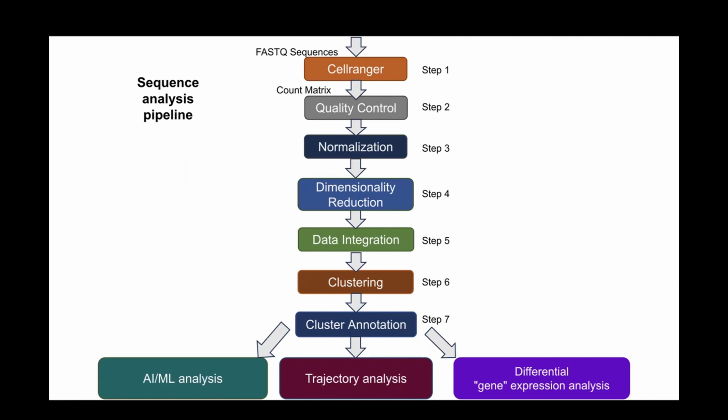And in step 6, for the integrated data, we can do some clustering using one of your favorite clustering algorithms like K-means. And once we generate the clusters, we can do some annotation on the clusters and eventually produce something like a UMAP for deep analysis.